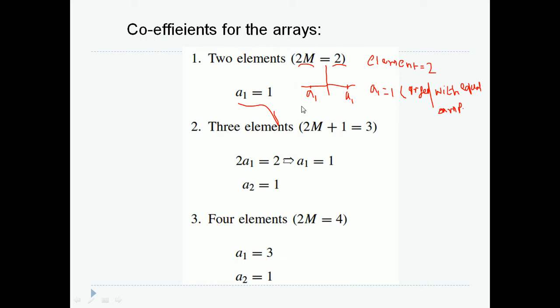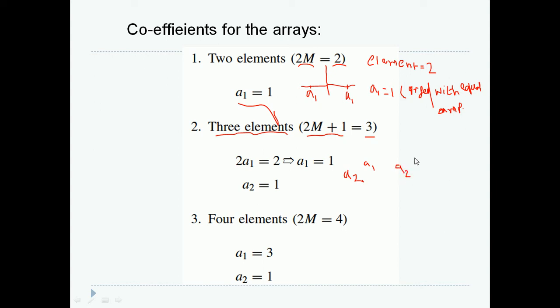Now when I consider an array of 3 elements, the element number 2m plus 1 is 3. So I have A1 at the center and then A2 and A2.